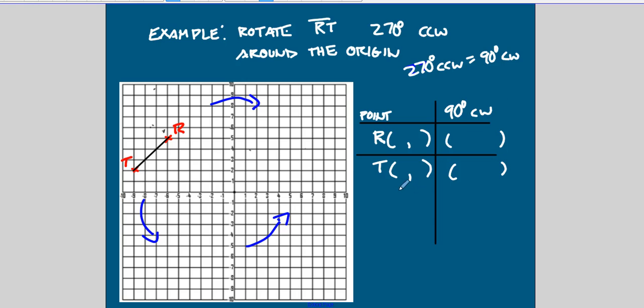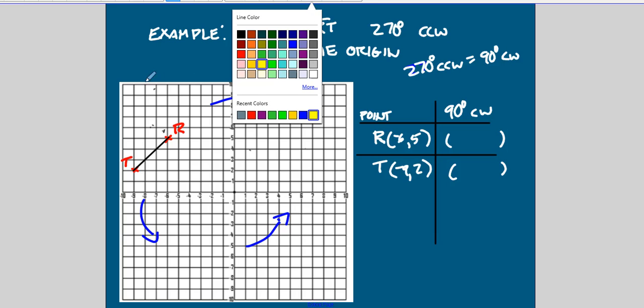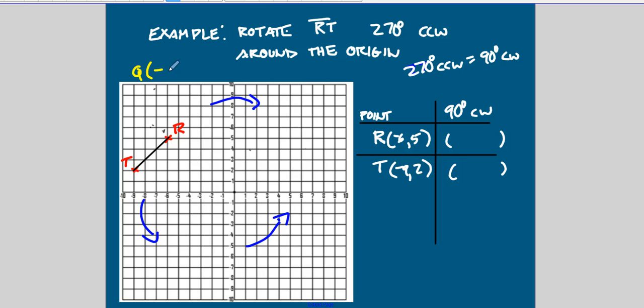So let's get the coordinates of T first. That's going to be -9, 2. Then R is going to be -6, 5. Notice both these points are in quadrant 2, so I'm going to make a note that Q2 is negative for x, positive for y.